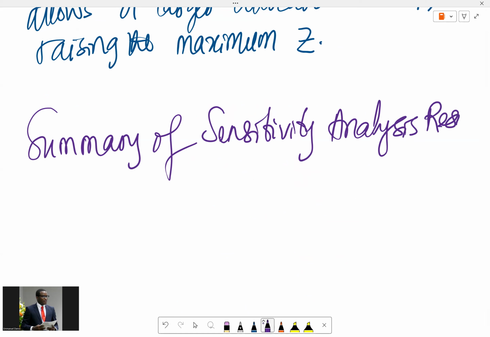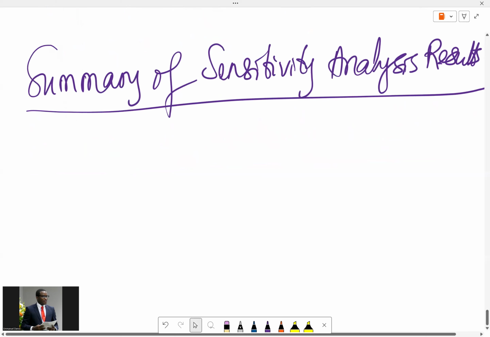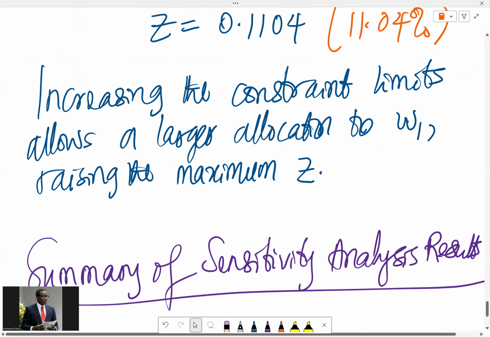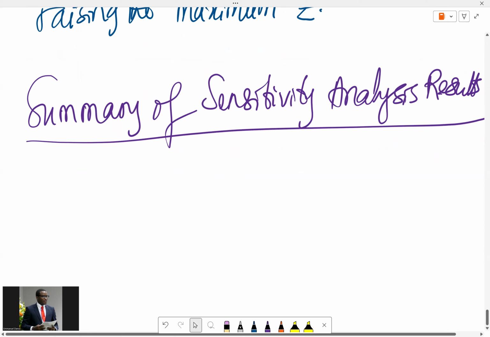Mind you, I didn't bother doing all the simplex method each time. Each time you perturb the solution, like maybe you change the constraint, the constraint limit, or the objective coefficient, you have to go the whole simplex route again and see what solution arrives. I've provided all the solutions here just to see how those things have impact.